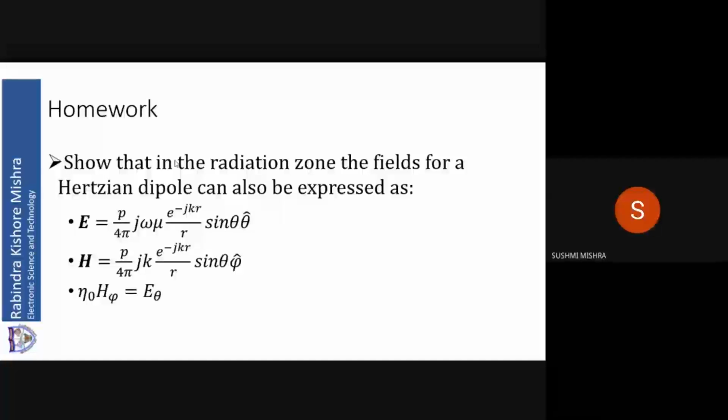We started with spherical waves, but as we go to far field or the radiation field, the spherical waves become plane waves. So the radiated field from an antenna in the radiation zone behaves like a plane wave, although it is theoretically a spherical wave. In the far field, it behaves like a plane wave.